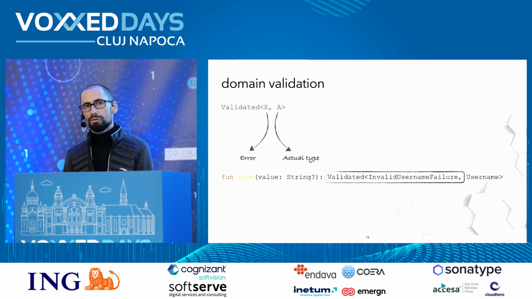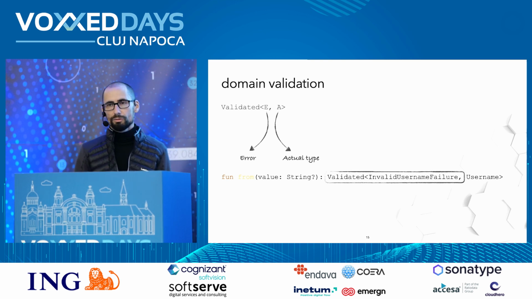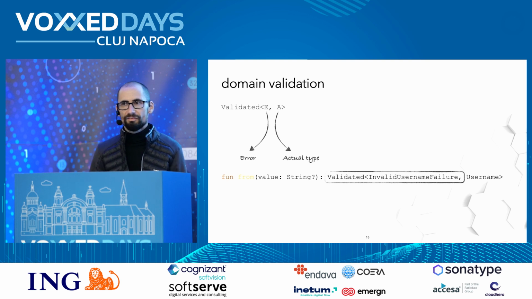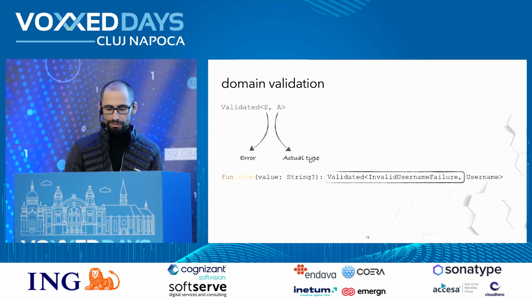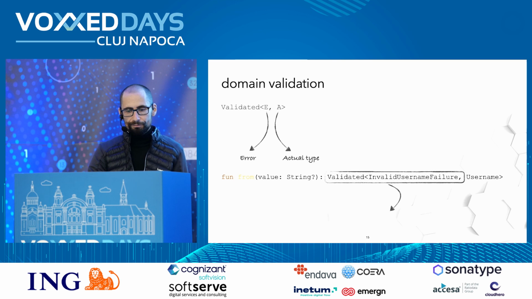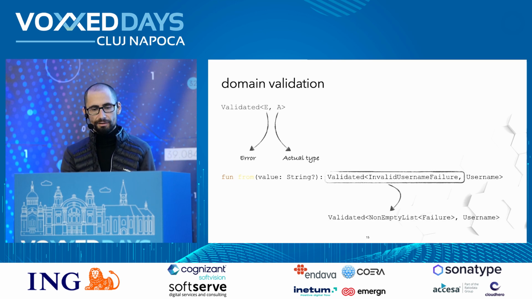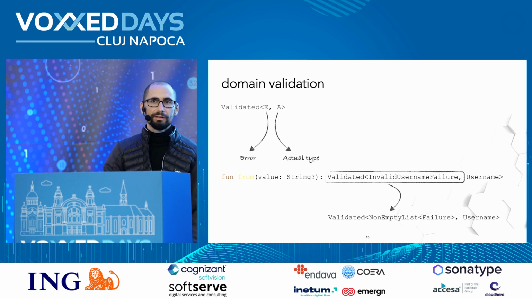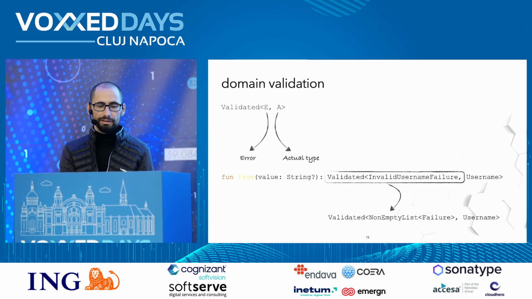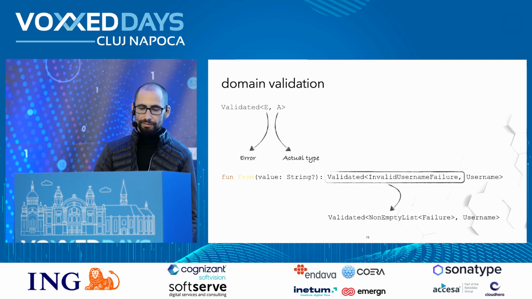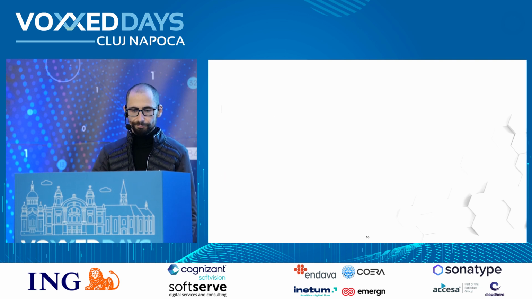But we said that we want to accumulate errors, and in order to accumulate errors, we need some kind of collection where we can put those errors. So instead of using InvalidUsernameFailure, we're going to use something called NonEmptyList, and this NonEmptyList is going to take Failure as a type.